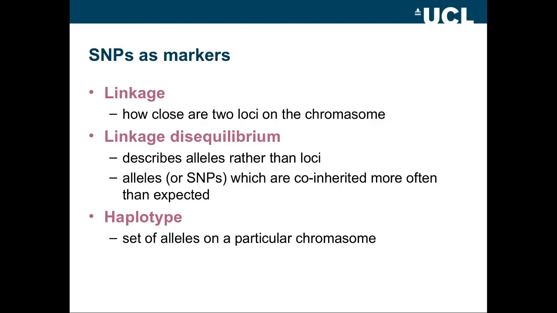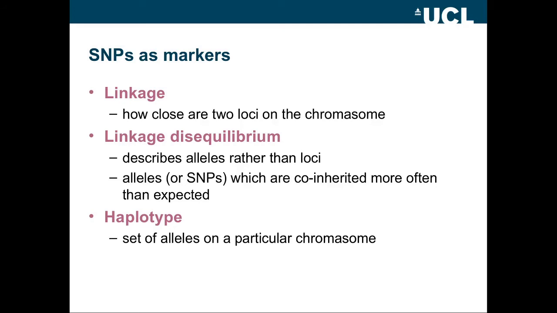That means that we can look at the co-inheritance of a particular SNP with co-inheritance of a particular condition. Now, that doesn't necessarily mean that the SNP is causative of that condition, but that it is close to a locus on the DNA which is causative of the condition.